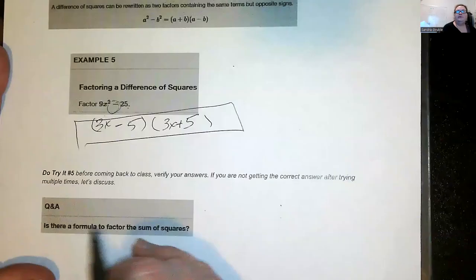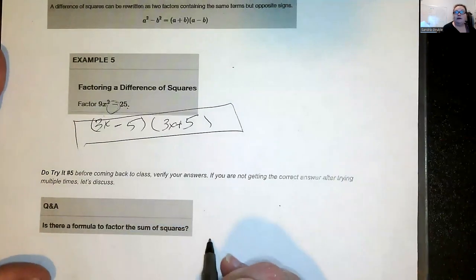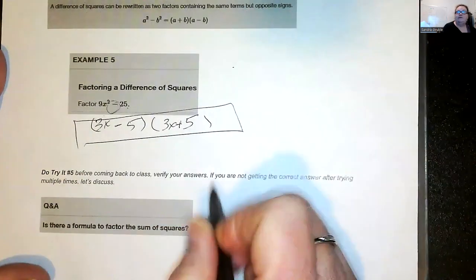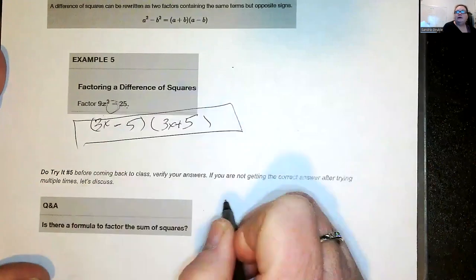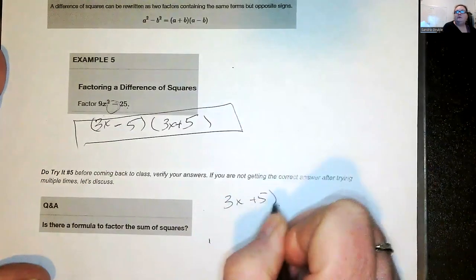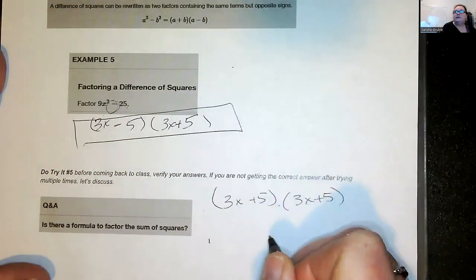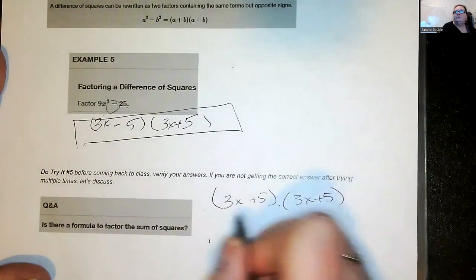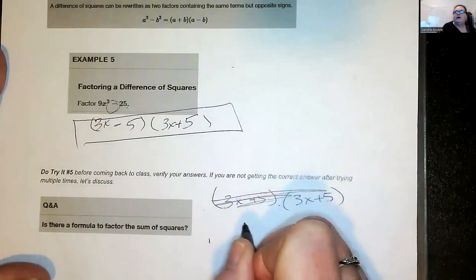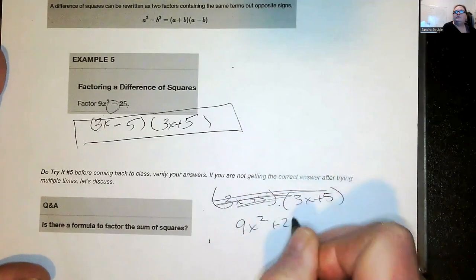Now, is there a formula for the sum of squares? There is not. Because if you have, let's use the 3x. 3x plus 5 and 3x plus 5. Yes, that's 3x plus 5 squared. Oh, they're wanting to go the other direction. So they're wanting 9x squared plus 25.